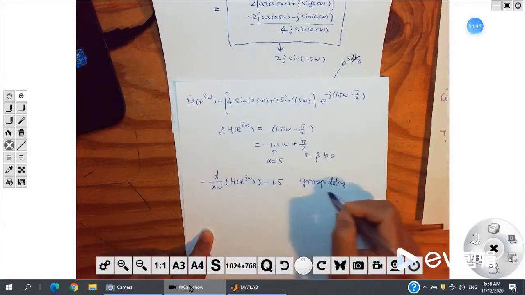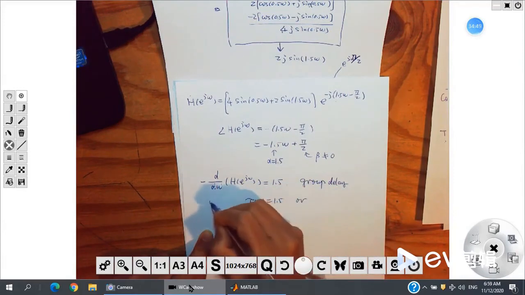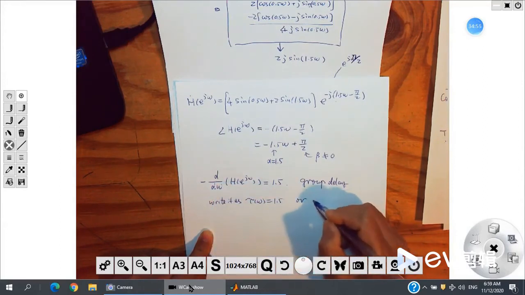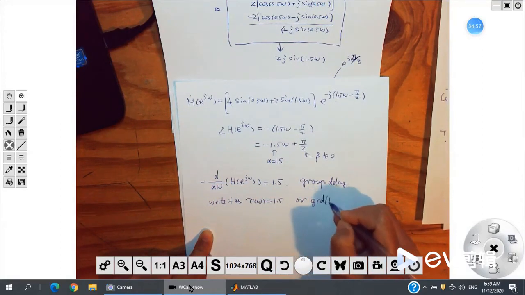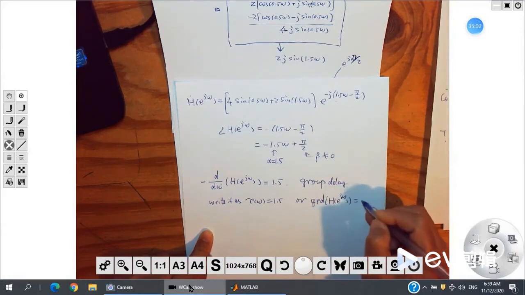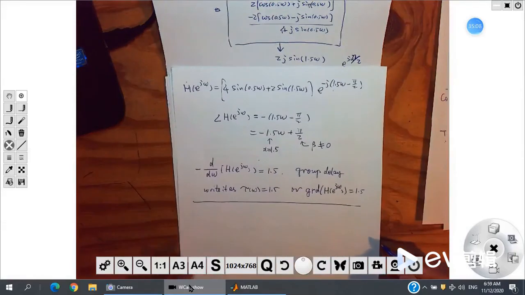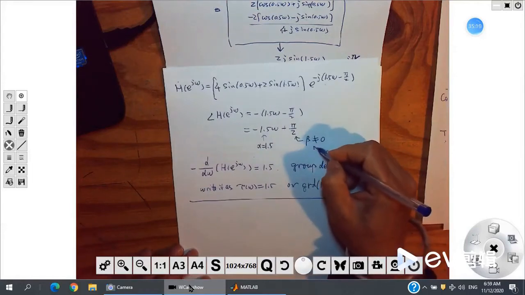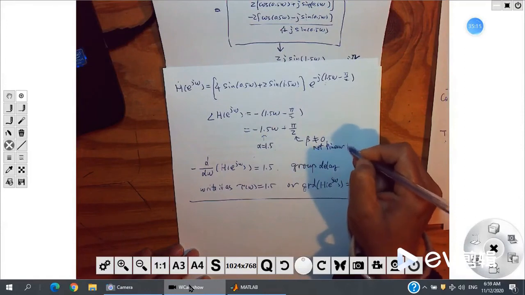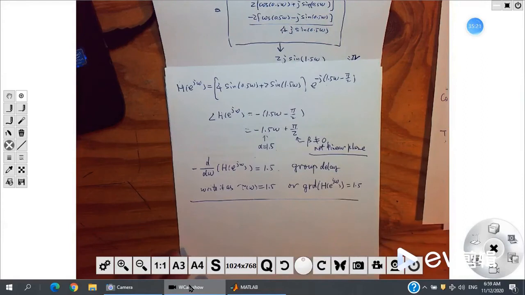You can denote this as tau of omega is 1.5, or we write the group delay of H is 1.5. Okay, so it's not linear phase, just a general linear phase. All right.